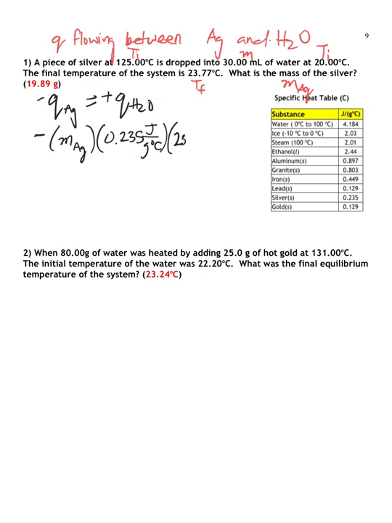So 27.33 minus 125.00. So that is, by the way, the heat of silver. And once again, these two values subtracted is going to give you a negative value.